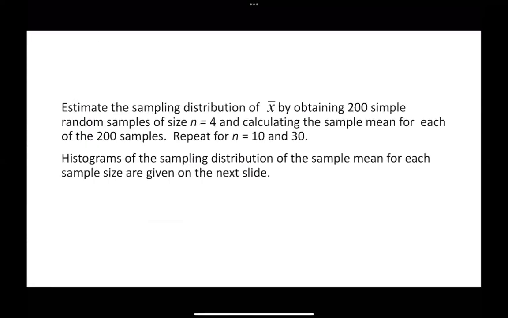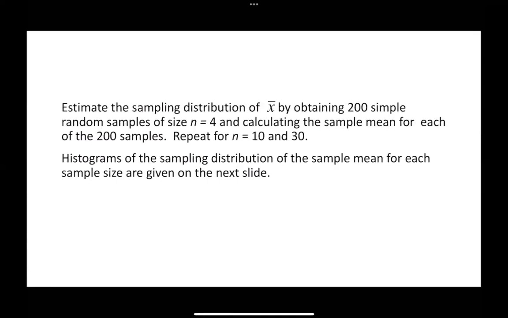What we do in that case is I'm going to show you what happens. I'm going to first start with a simple random sample of size 4, and I'm going to take 200 random samples of size 4. Then I'm going to take 200 random samples of 10, then 200 random samples of 30.